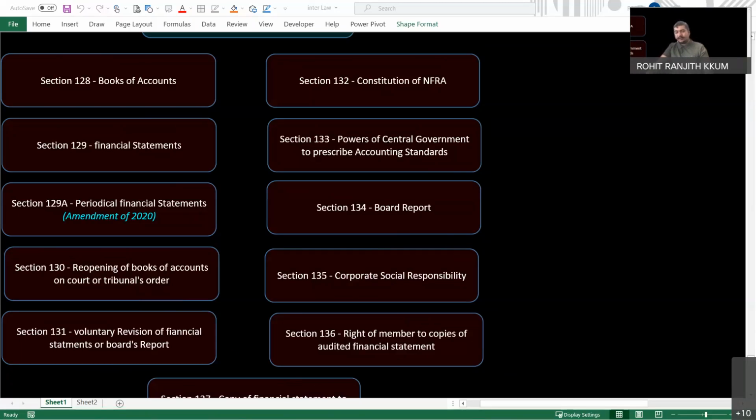Now let me talk about 131. 131 is the same as 130, but it is voluntary revision of the financial statements or the board report. Now what do you mean by that? You see, the corporate world is running on principles of politics and democracy. Today, this group of board of directors is managing the company.